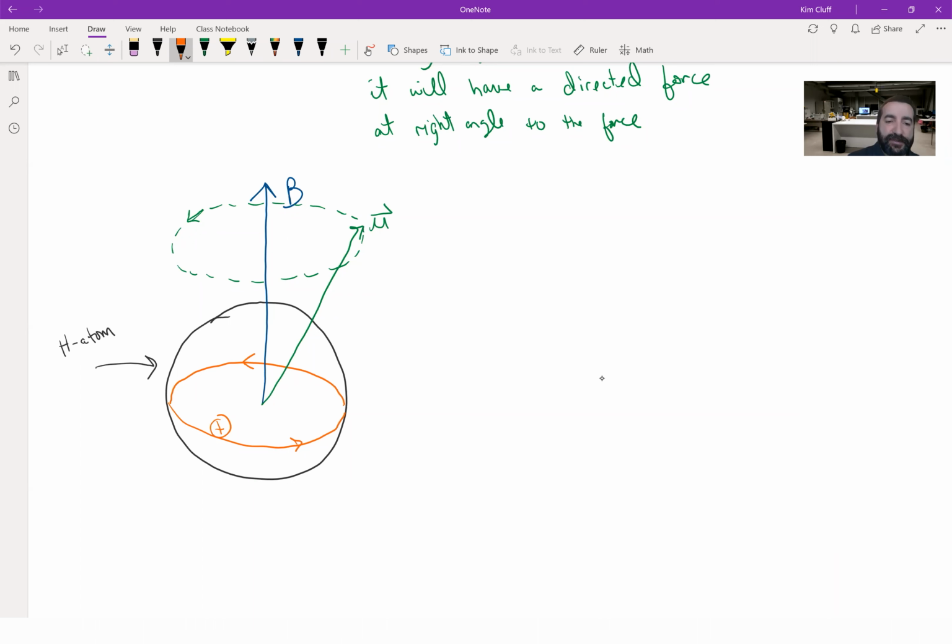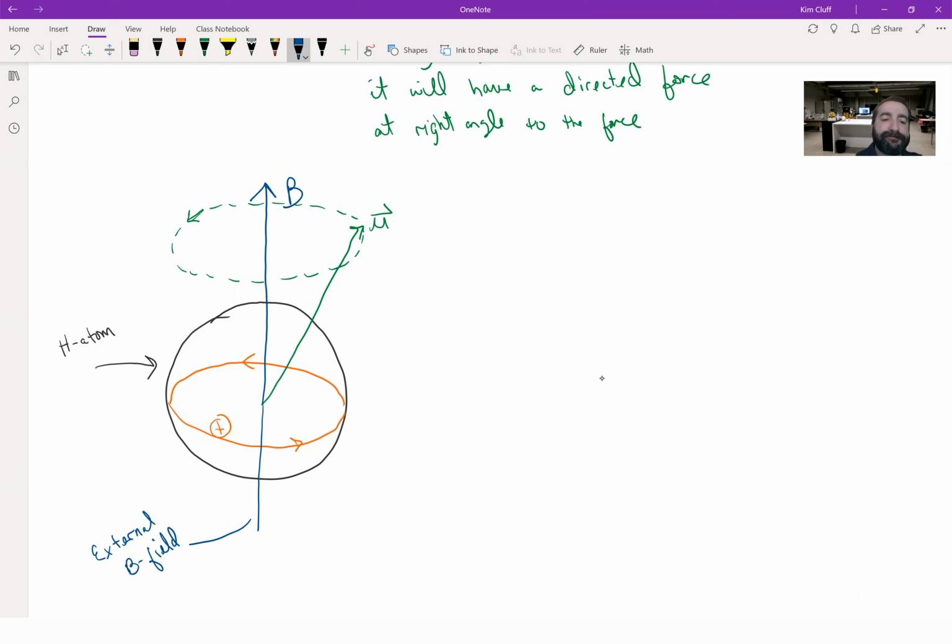And if you put this hydrogen atom in the presence of an external B field, all of the hydrogen atoms will align with that B field, but because they're spinning, the magnetic moment of those hydrogen atoms will precess about the external B field, okay?